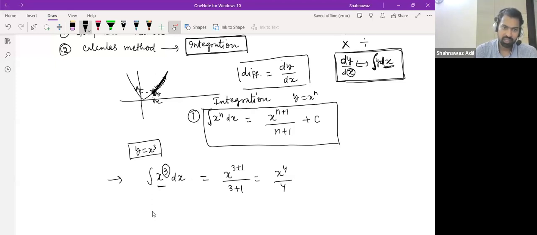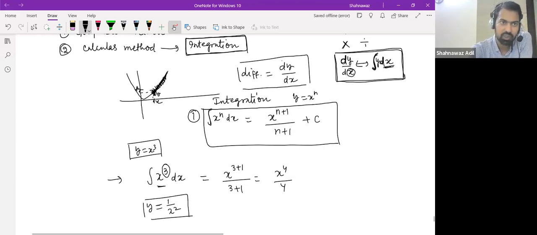Right. And can you guys tell me what is the integration of, let's say, 1 over x square? You guys calculate and tell me the answer. Quickly calculate and tell me the answer.